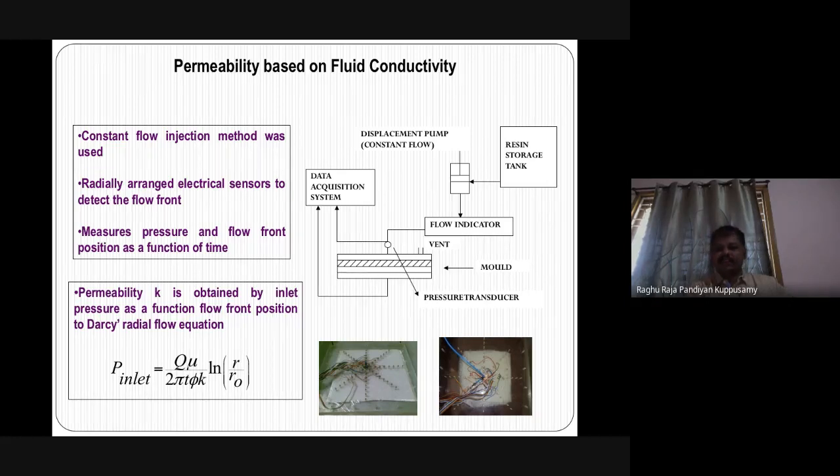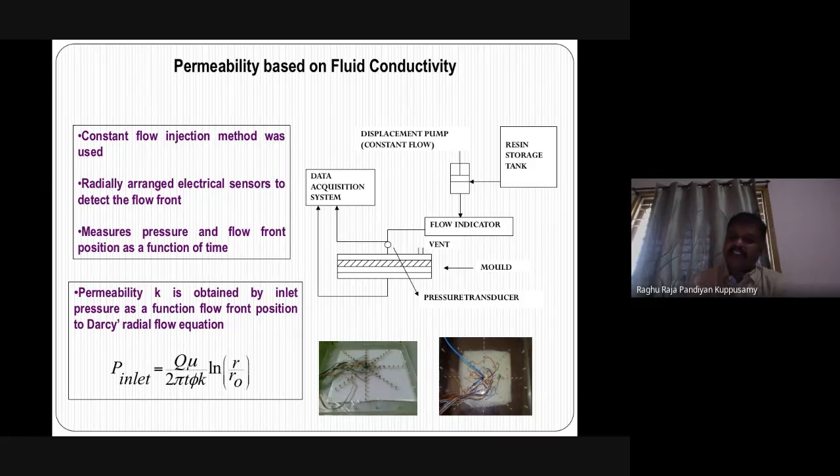We have a data acquisition system. You can see there are radially arranged electric sensors, and the fluid should have electrical conductivity. Only then can you use this setup. The fluid is injected and allowed to flow through the fiber mat. When it reaches a sensor, the sensor gets activated.